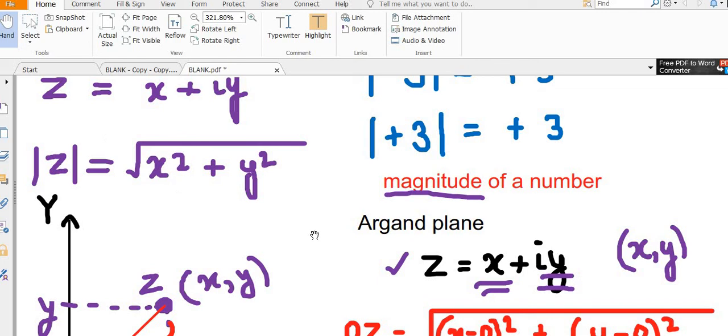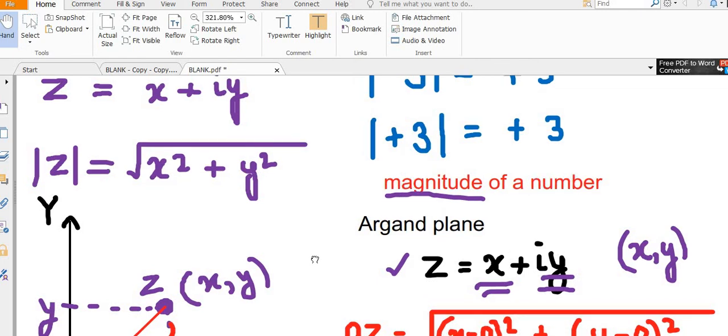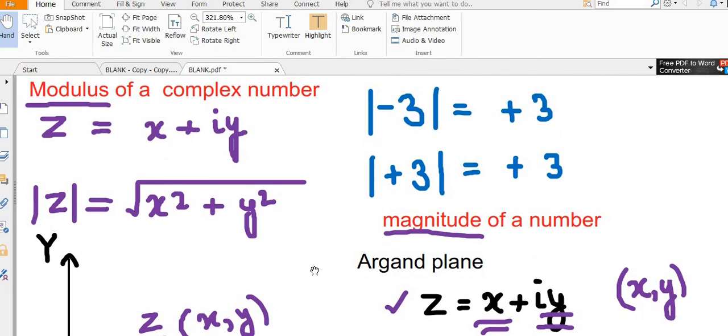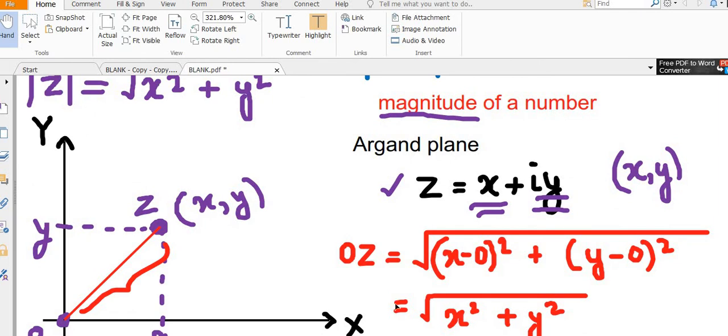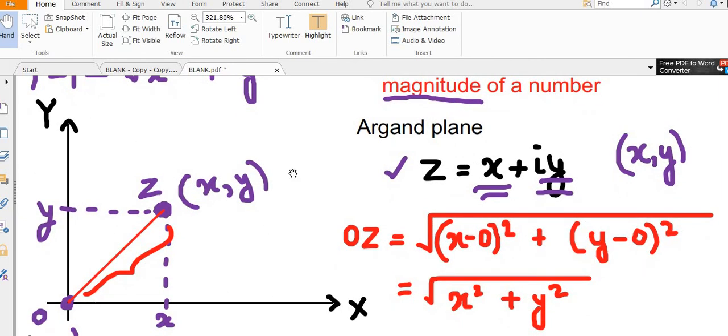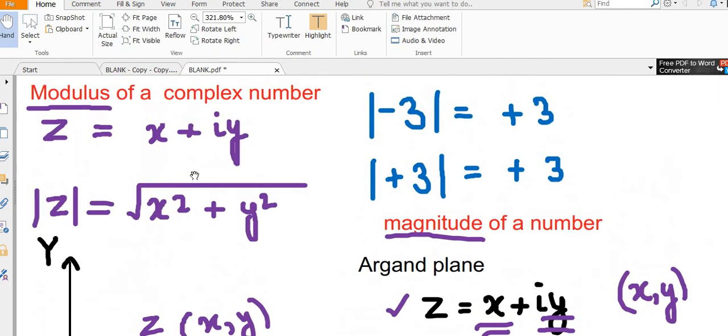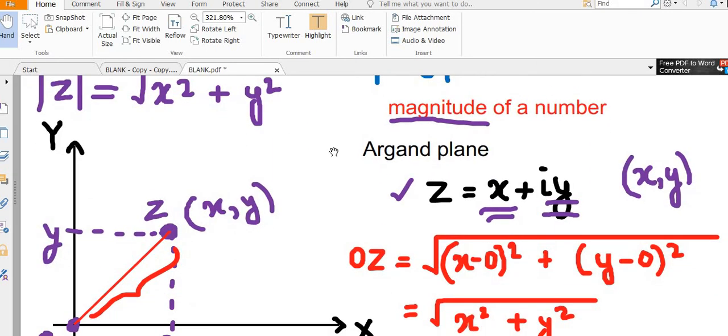So this is the basic introduction of what the modulus of a complex number refers to. This is essentially just the introduction, the definition and a very brief representation of modulus in two separate forms.